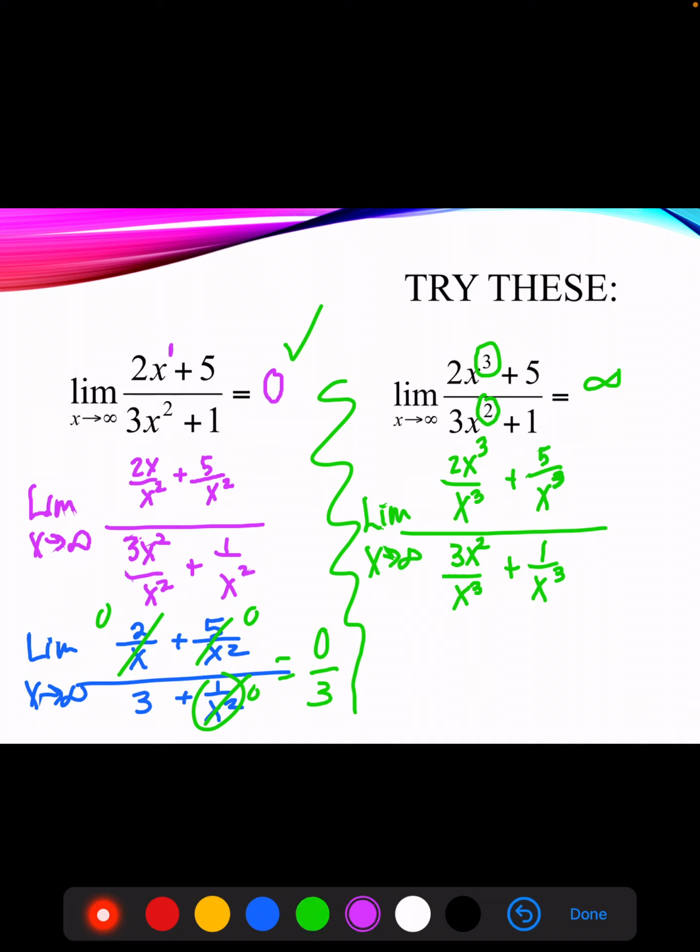So let's take a look at this. Okay, this cancels, so I have 2 plus 5 over x cubed, which goes to 0. So I have 2 in the numerator, and I have 3 over x plus 1 over x cubed. So here, the denominator is just doing what? It's getting smaller and smaller and smaller because both of these are getting closer and closer to 0.